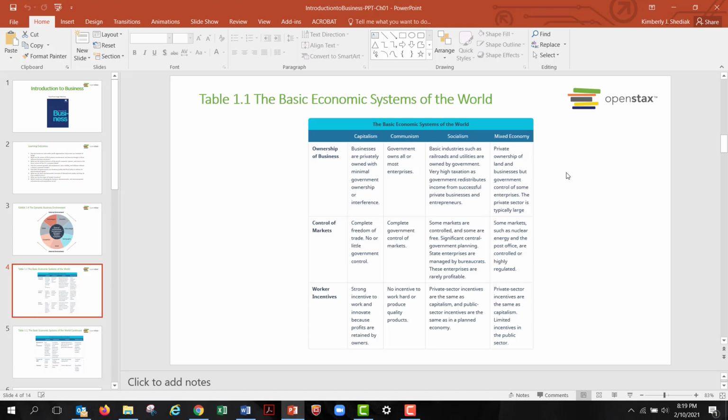Socialism. So this is almost a little bit of a mix when you think of capitalism and communism. Right? So some basic industries owned by government, high taxation. When it comes to the markets, some are controlled, some are free. And then for worker incentives, again, you see that kind of the same when we look at capitalism, right?